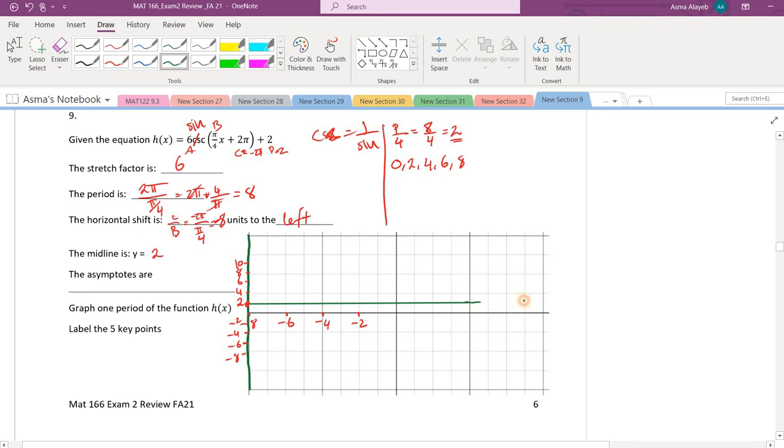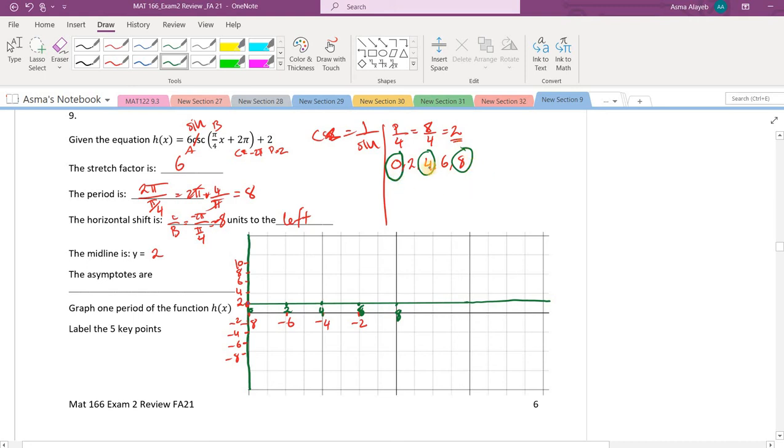Let me just make this a little bit bigger here. So here is the 0, here is the 2, here is the 4, and here is the 6, sorry, and here is the 8. All right. Now I know this is a sine function, meaning the first number is going to be a 0, skip the second, the third one is a 0, skip the fourth, and the fifth one is a 0.